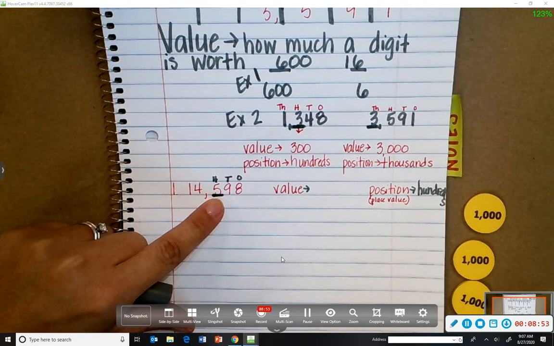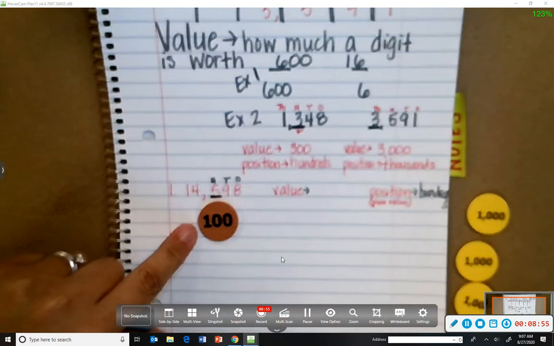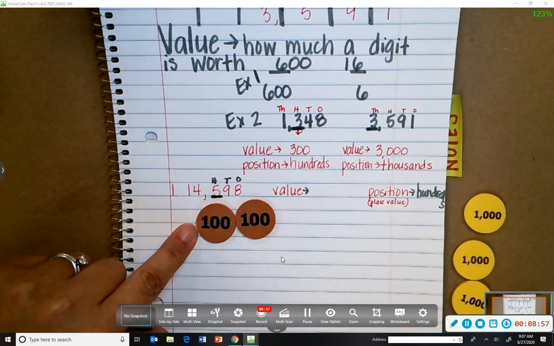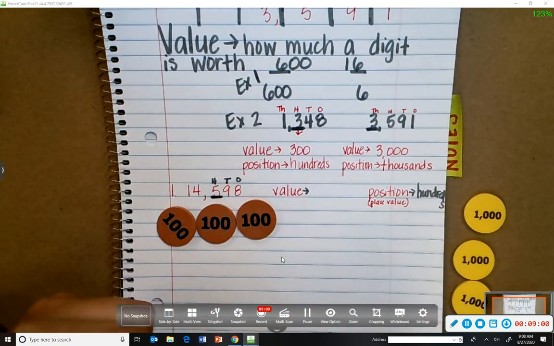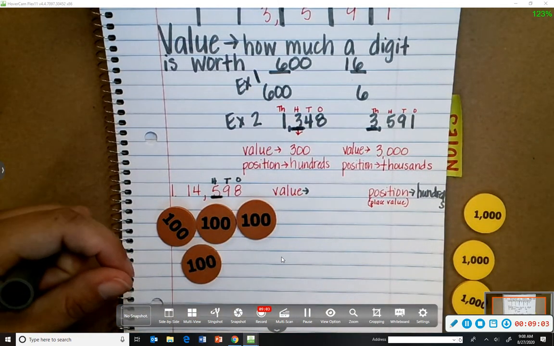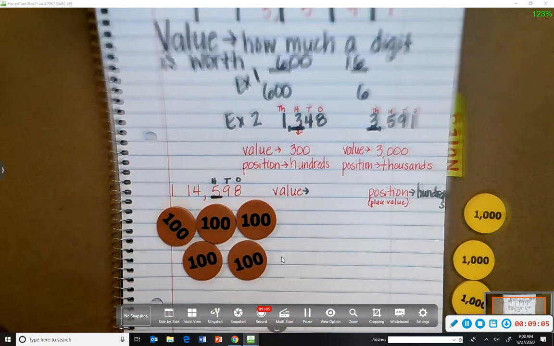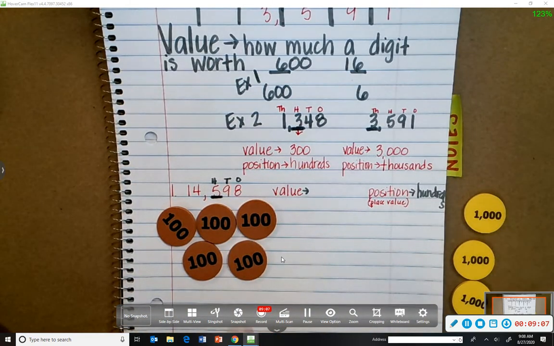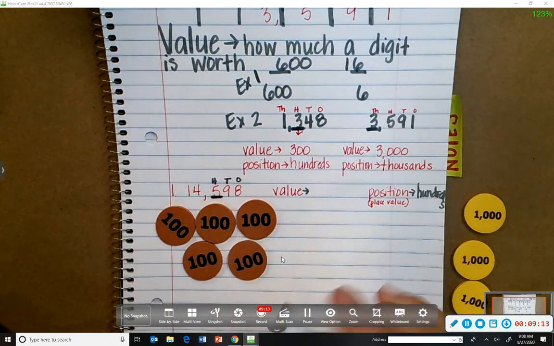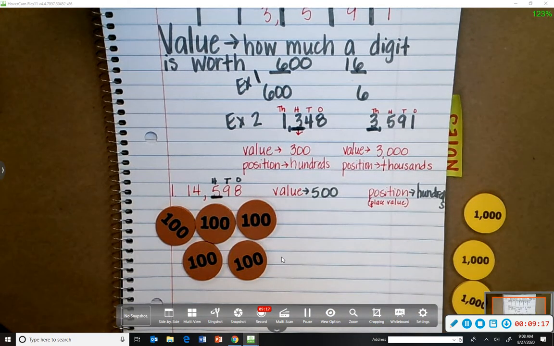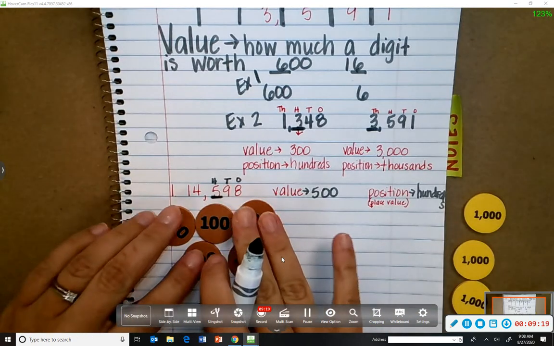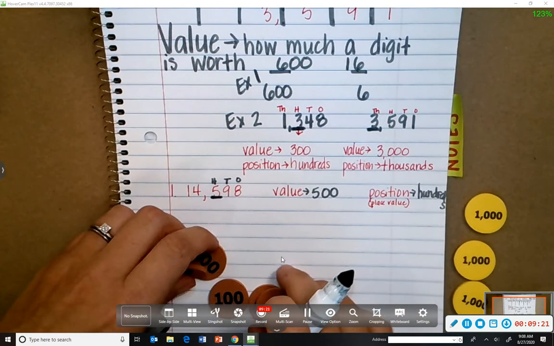So think of having 5 $100 bills. So there's 100, 200, 300, 400, and 500. So the value of this 5 is 500. It's worth 500 because it's in the hundreds place. Okay?